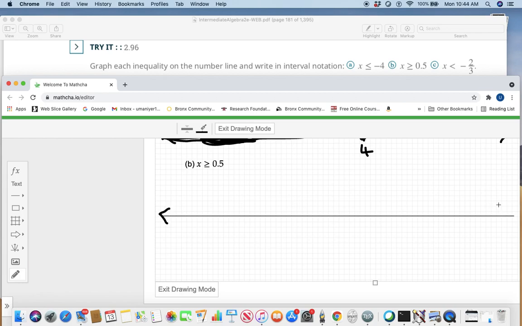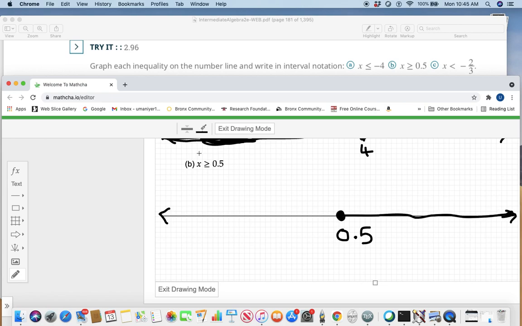Arrow. 0.5 is somewhere here. Equal is allowed, so 0.5 is filled in, and then x is greater than 0.5. Greater than tells me x is allowed to be to the right of 0.5 anywhere, all the way.